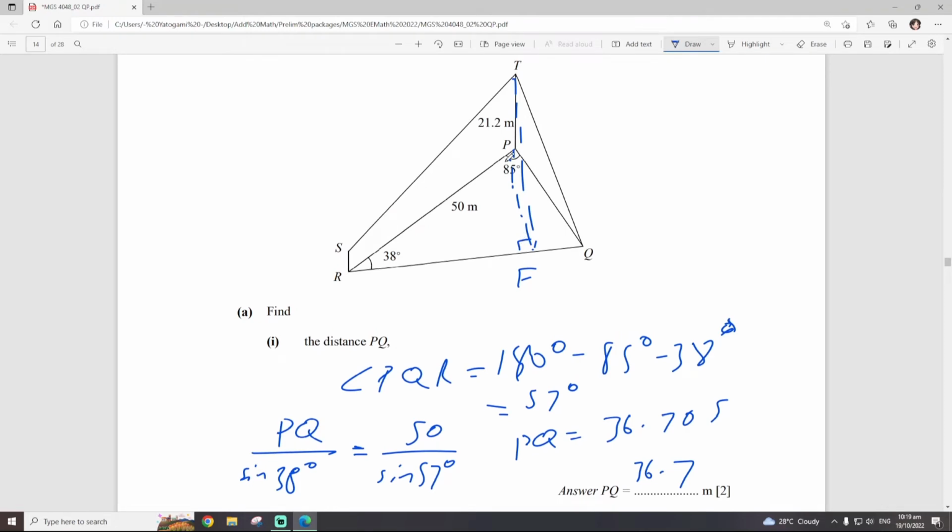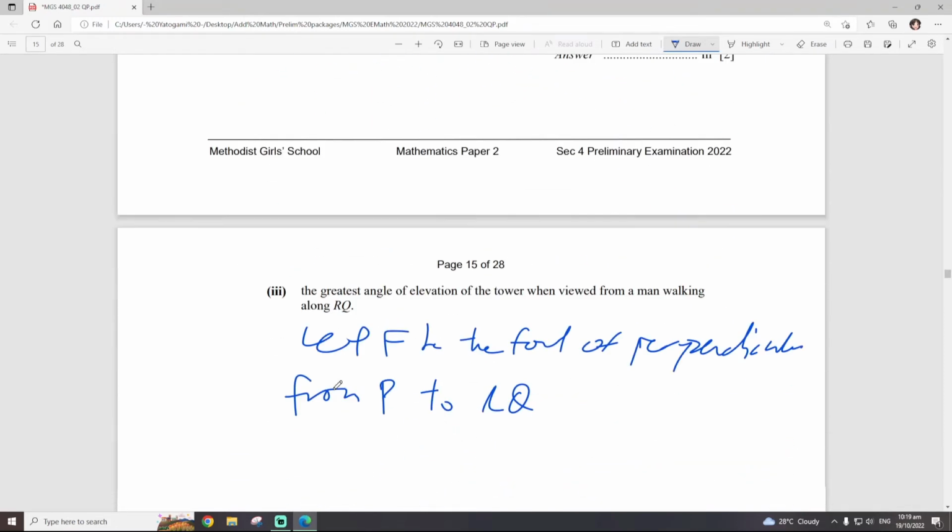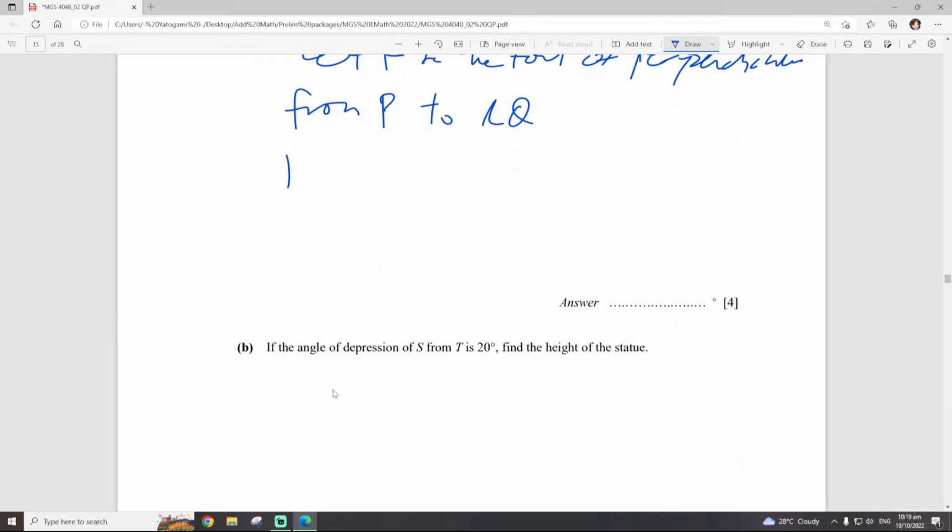And then we can find PF. PF is just 50 sine 38 degrees, which is 30.783.